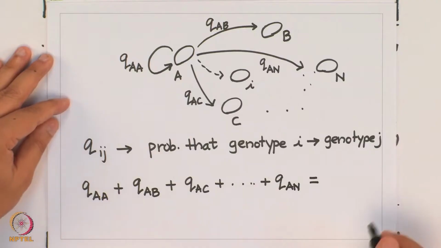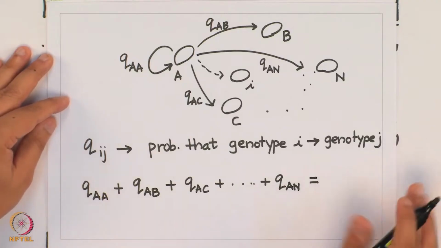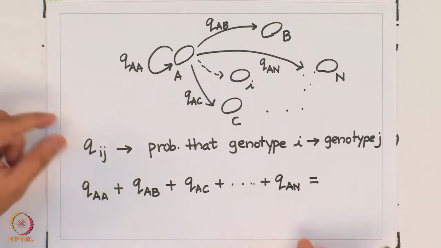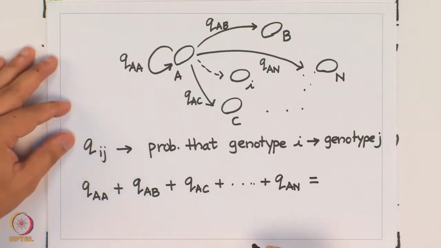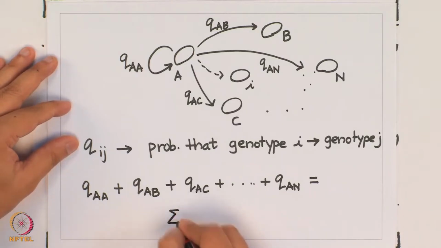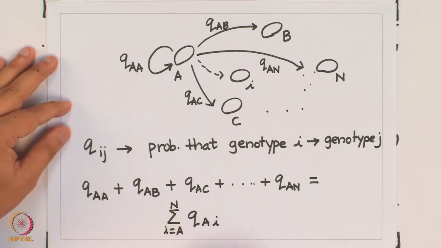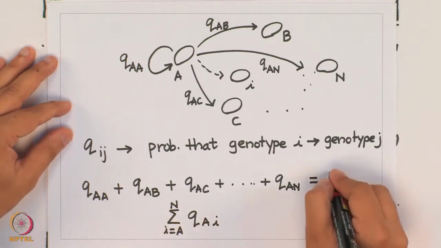I would recommend that you pause the video for a few seconds, think about what this sum should be, and then restart the video. In the representation that we had talked about, this can be written as sigma, I varies from A to N, QAI. And this quantity should be equal to 1.